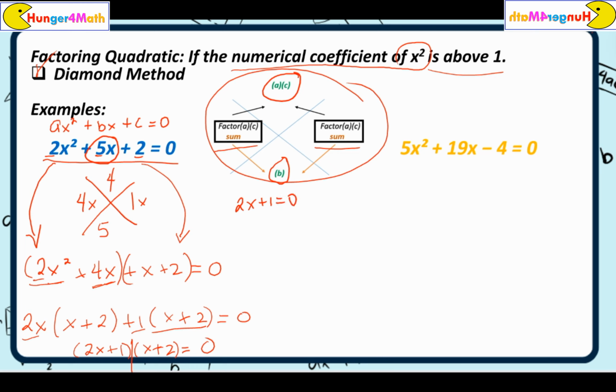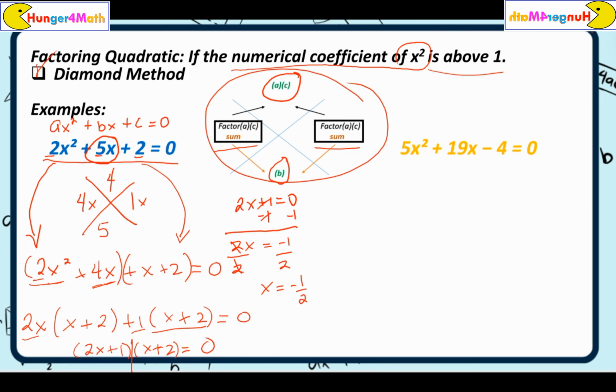So let's solve. That will be -1 for both sides. And that will be 2x. This becomes 0 is equal to -1. Then divide both sides by 2. So 2 divided by 2 is 1 times x is x. The first value of x is -1/2.